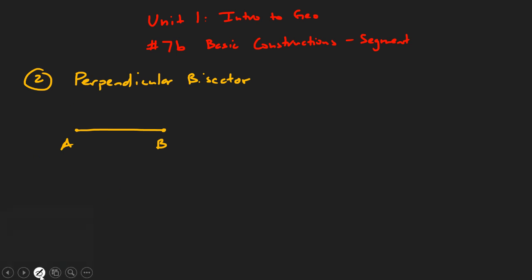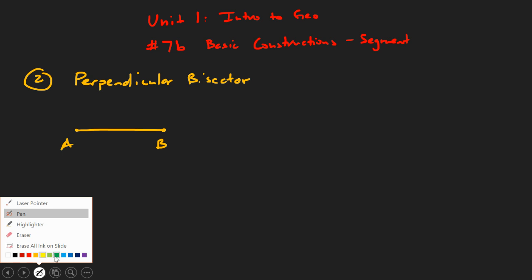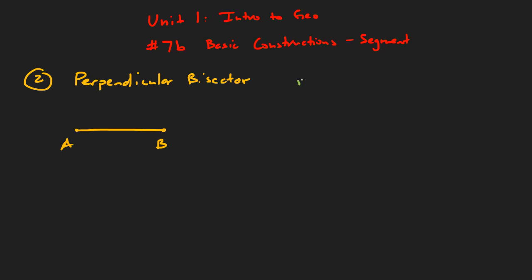Okay. So step 1 over here. I'm going to use not yellow because it kind of blends in. I'm going to use green. So step 1. Okay. We are going to take segment AB, and we are going to open our compass greater than halfway across AB.